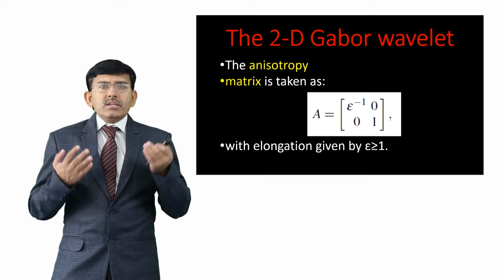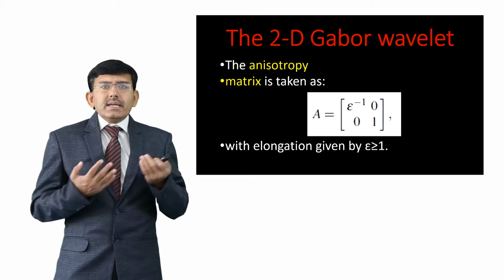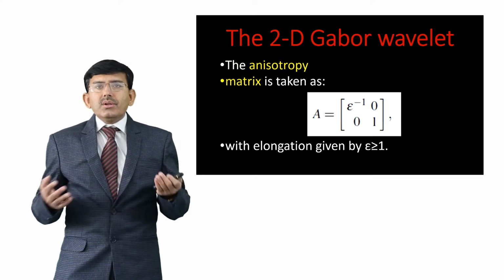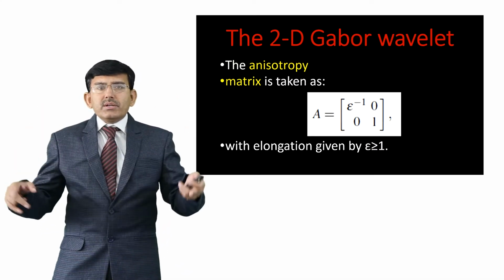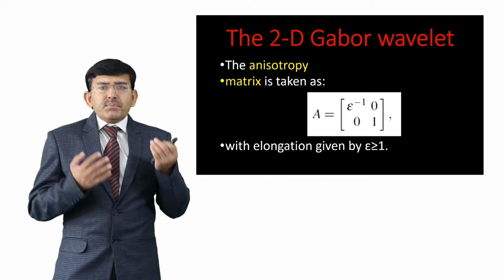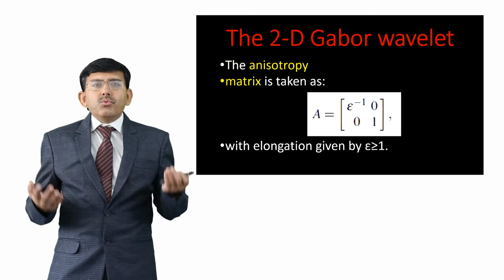The anisotropy matrix is taken as A equals the 2 by 2 diagonal matrix with entries epsilon and 1, with elongation given by epsilon greater than or equal to 1.